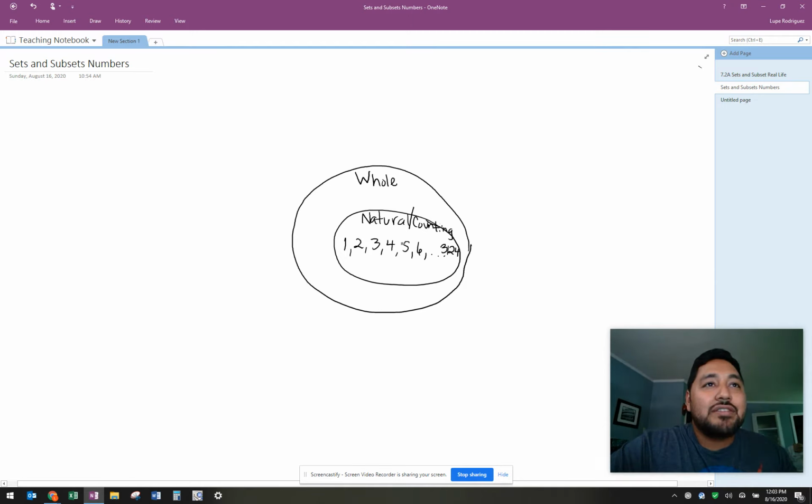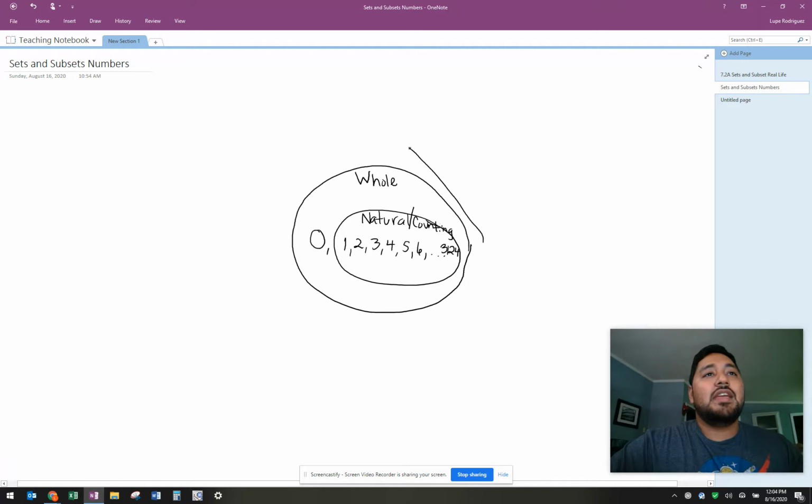You see how counting numbers are in the whole numbers basket. But there's one thing that is not a natural number, but is a whole number, and that is zero. So the only difference between natural or counting numbers and whole numbers is zero.